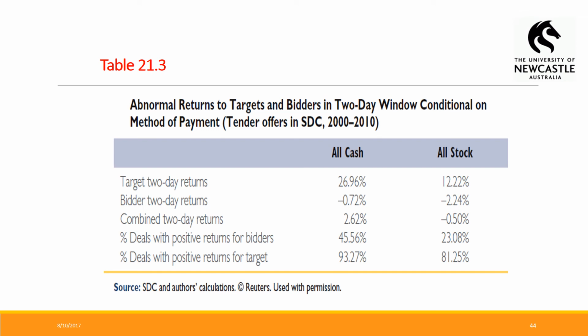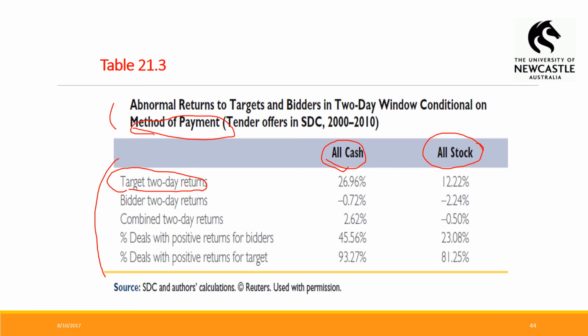If we condition the returns of the target and the bidder shareholders by method of payment, then we have this distribution over here. This column shows the return of these 2 groups of shareholders in cash transactions, and these are all equity transactions, right? We basically see the same picture as before.